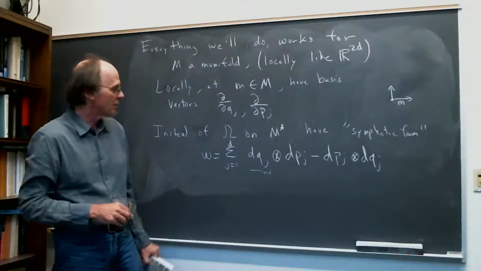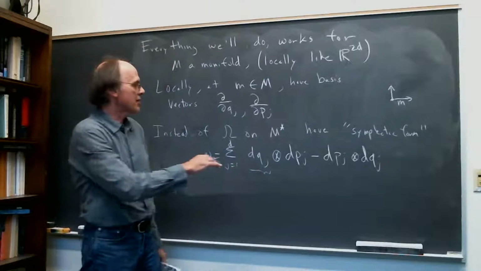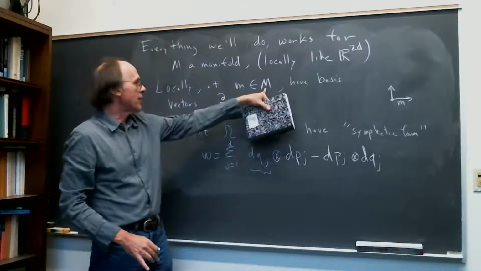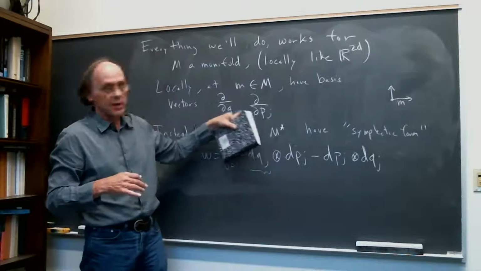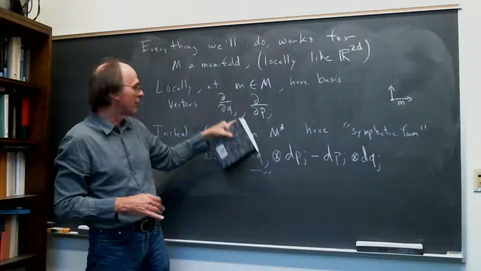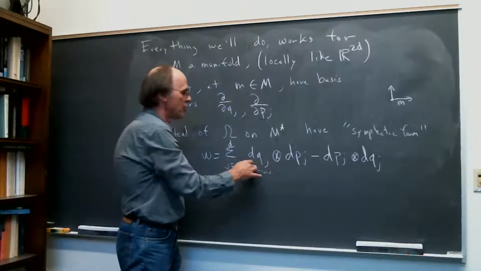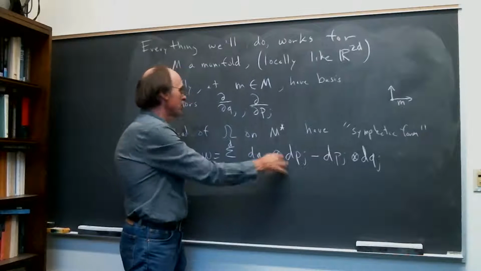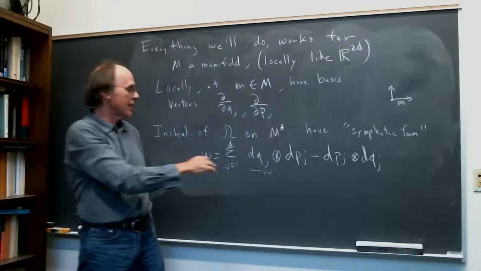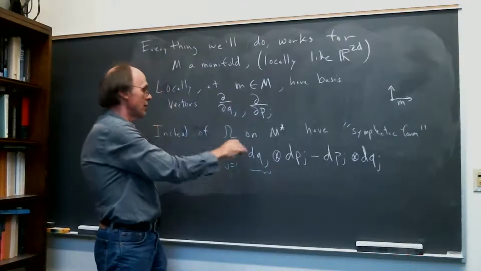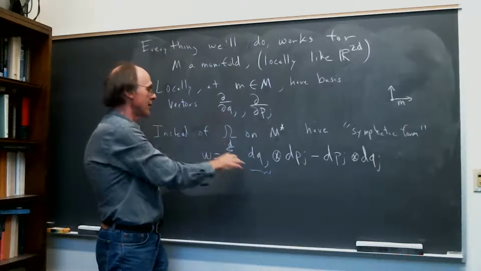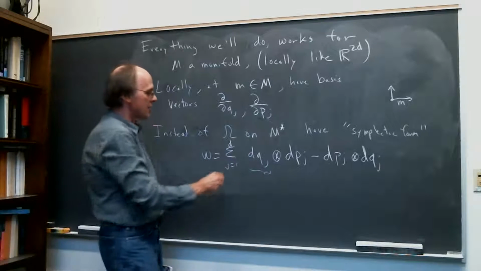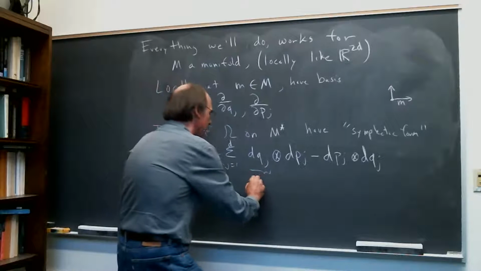For geometers, globally you don't have this, but locally at any point on M, if your tangent vectors are given by this, you can look for the dual: the things that, when put together with these, give delta_jk.